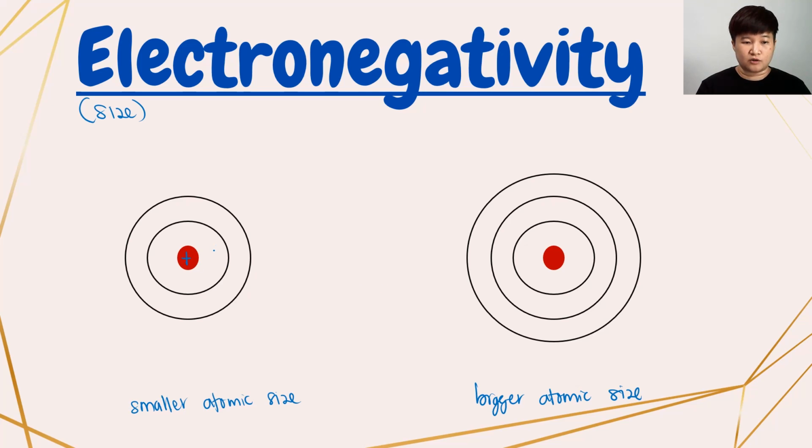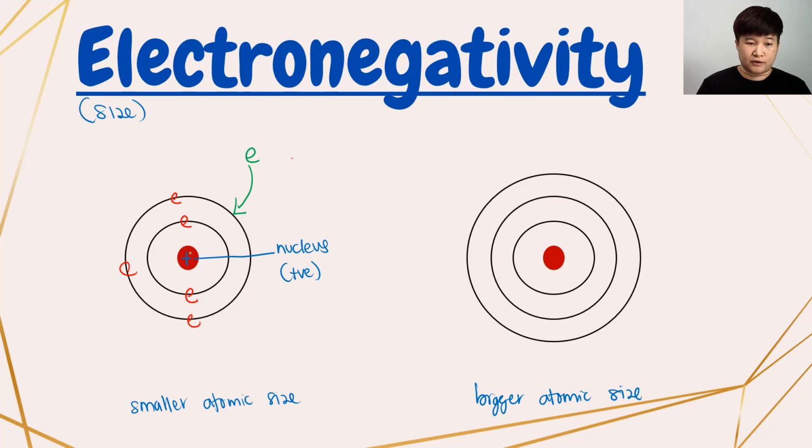I have my nucleus over here, and you know that your nucleus is your positive charge because of the presence of protons. And then you have your electron in here, and I have an electron out here, and the electron wants to go into this outer shell.